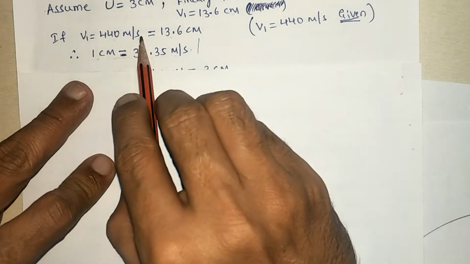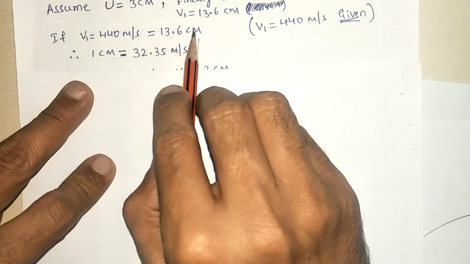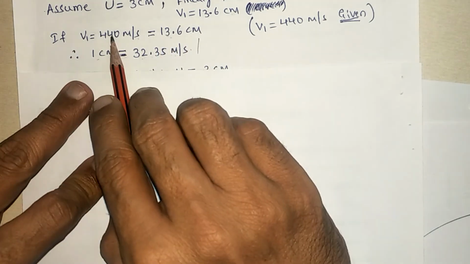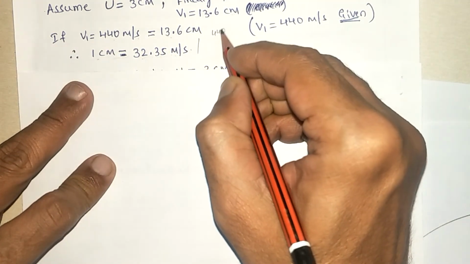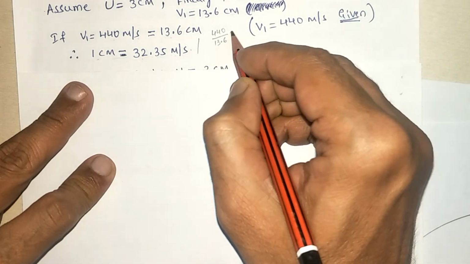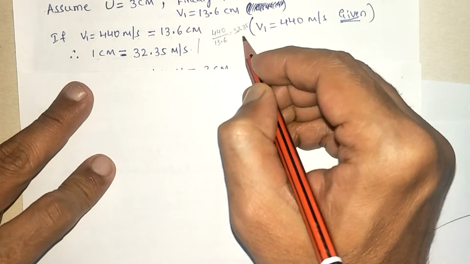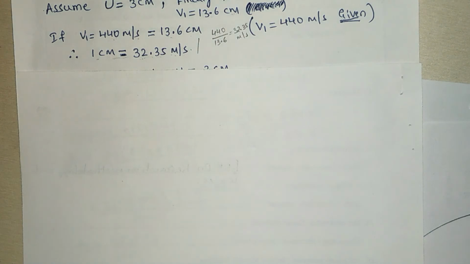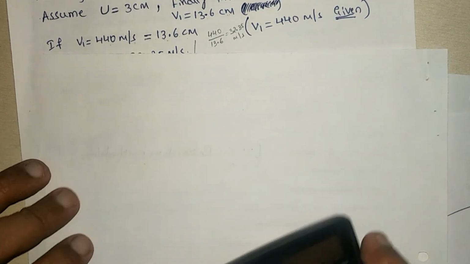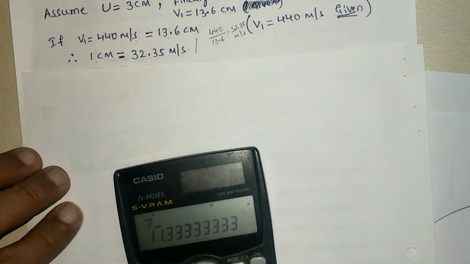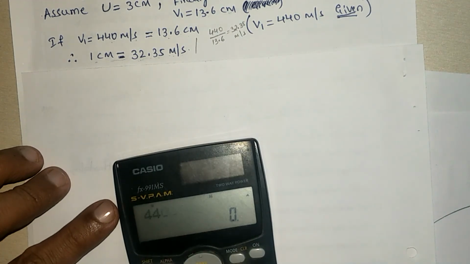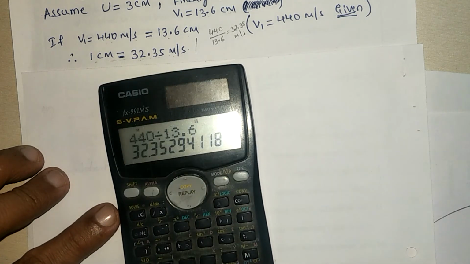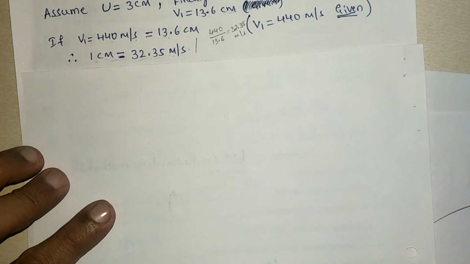For 440 meters per second, the length is 13.6 centimeters, so for 1 centimeter we divide 440 by 13.6, and we get 32.35 meters per second. This is the scale we have obtained.